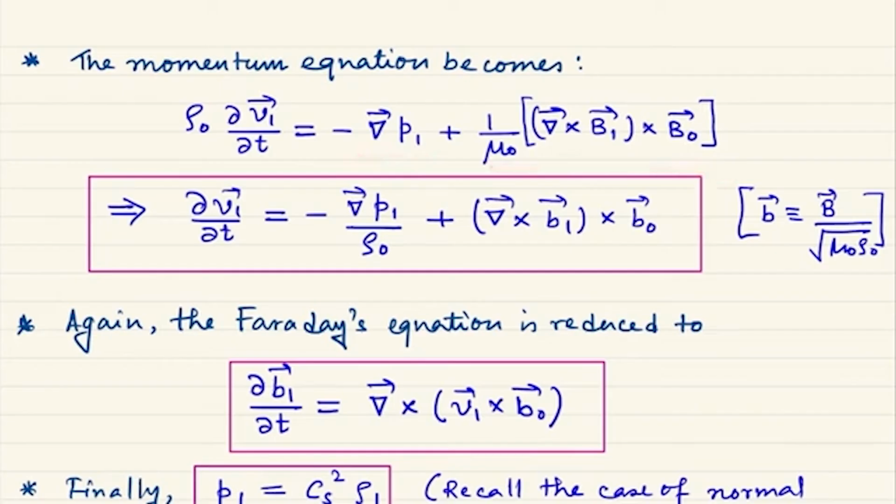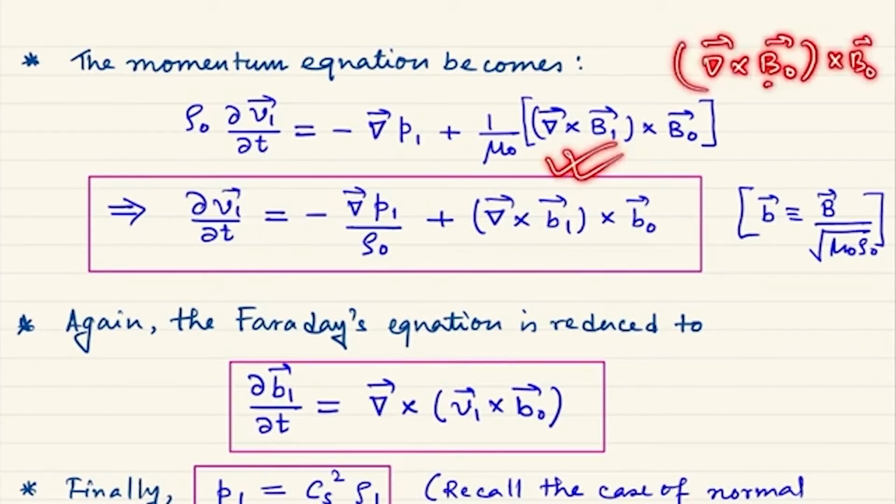So even in the 0th order, what happens, you can take a look: minus gradient of P0 plus 1 by mu 0 curl of B0 cross B0.